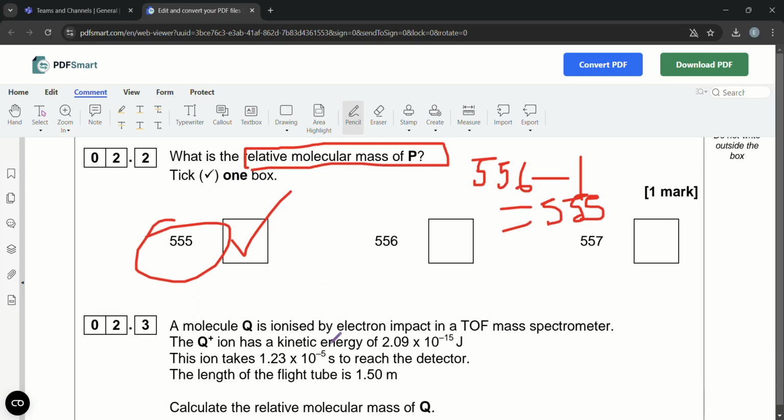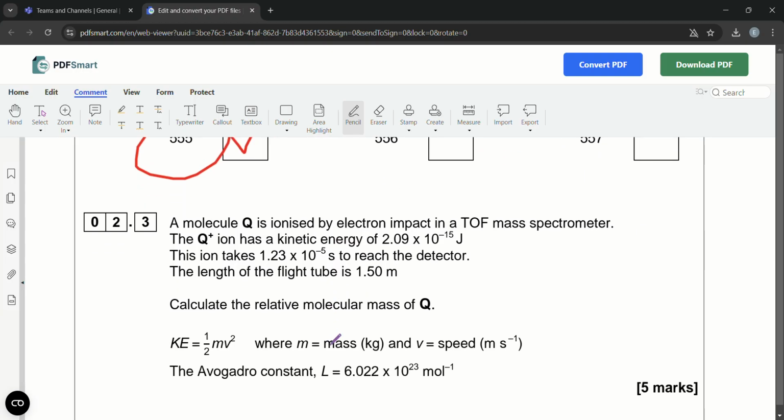And then 2.3, a molecule Q is ionized by electron impact in the TOF mass spectrometer. The Q+ ion has a given kinetic energy and takes that long to reach the detector. The length is that long.